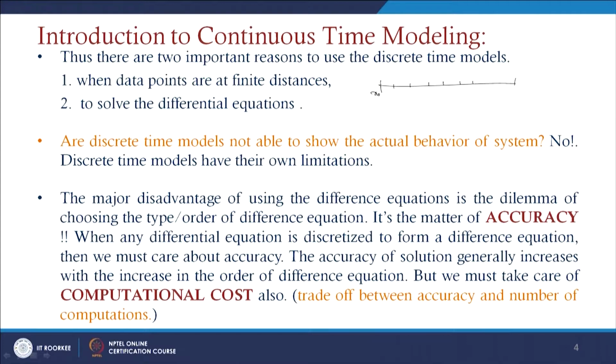Suppose the points start at x0, then x1, x2, x3, x4, all placed at equal distances. Then we can write xi as xi minus 1 plus h, or xi equals x0 plus ih. In that sense, we can relate each of the points, and the process can be described in a continuous phase.